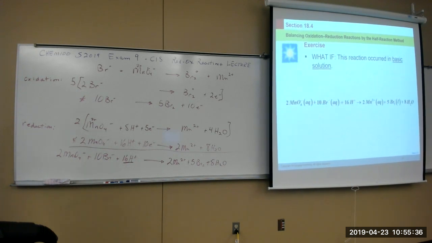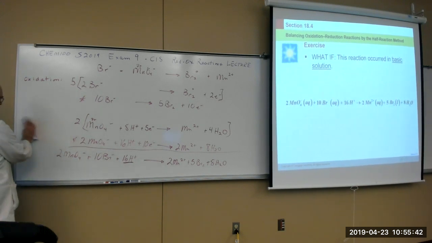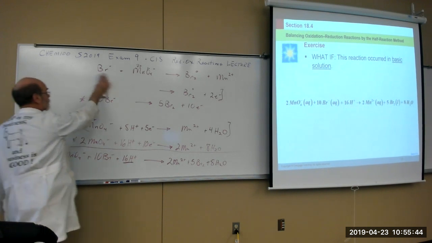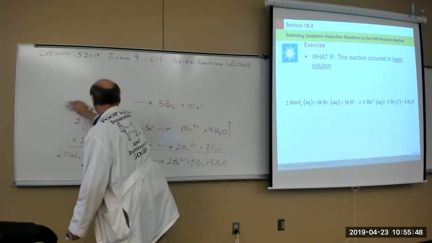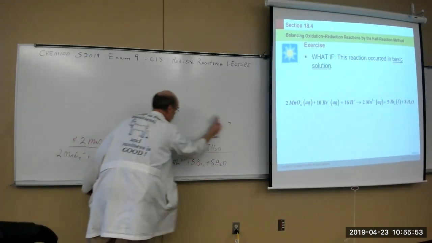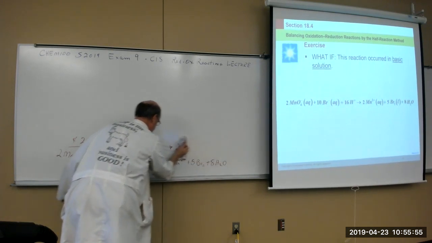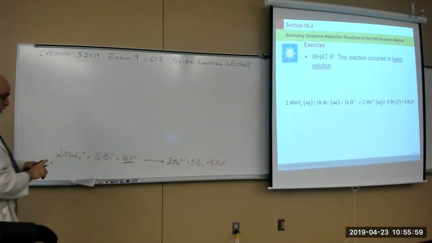Now, what if this reaction took place in basic solution? How do you deal with that? Once you get to acidic solution, it's balanced. So I'm going to erase all this other stuff and work with the balanced acidic equation to show you how to change it to a basic equation. Okay. There's our balanced one.